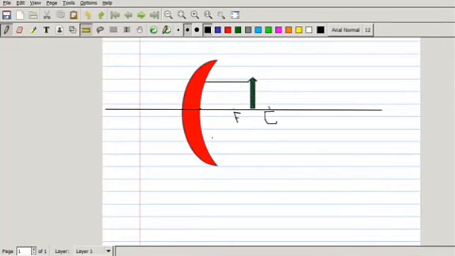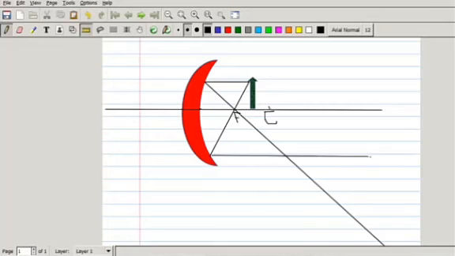These two rays will meet at a point after reflection, and this point is where we will get the image.